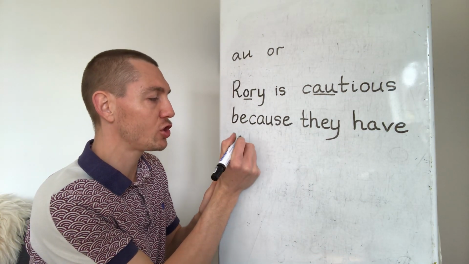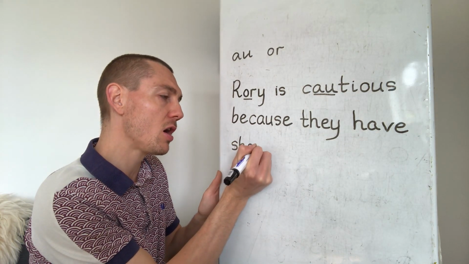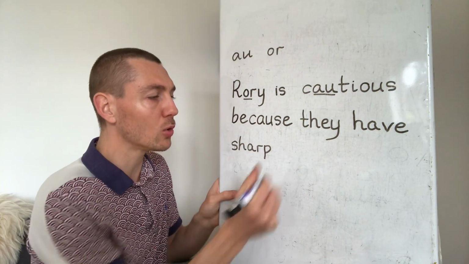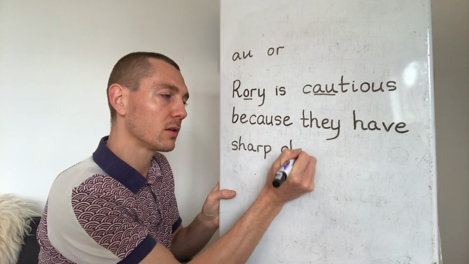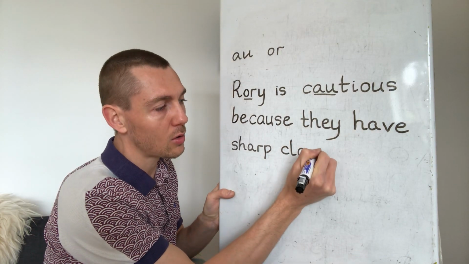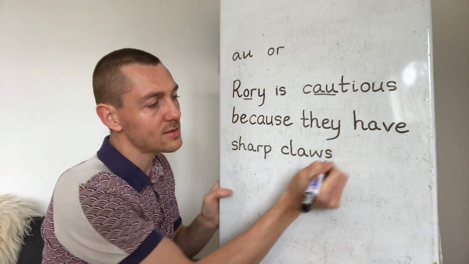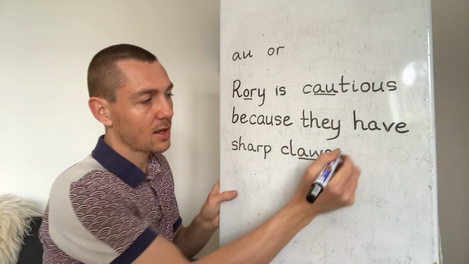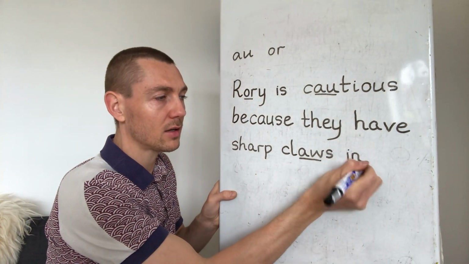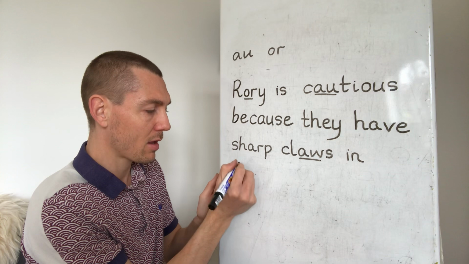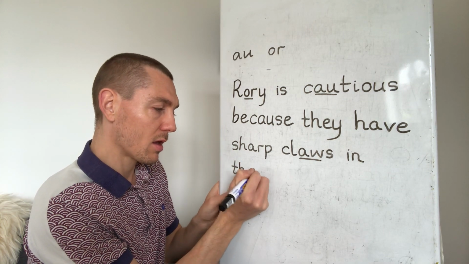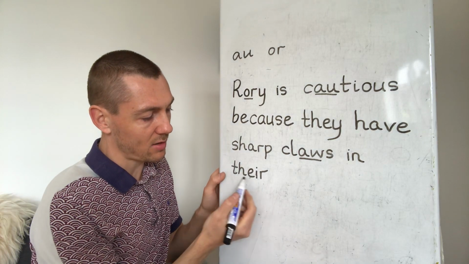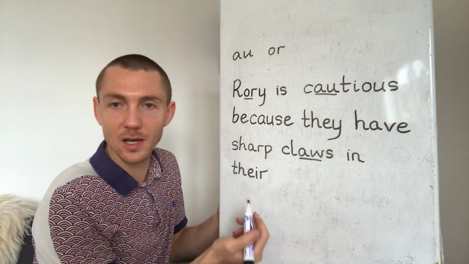And we say sharp, claws, or Z. Sharp claws in their. Now remember, it's the E-I-R spelling of there because it belongs to them.